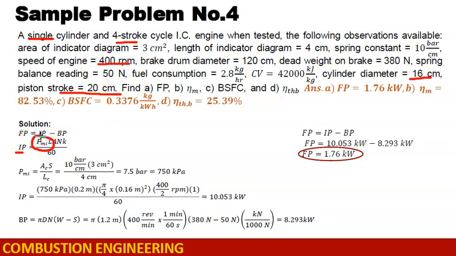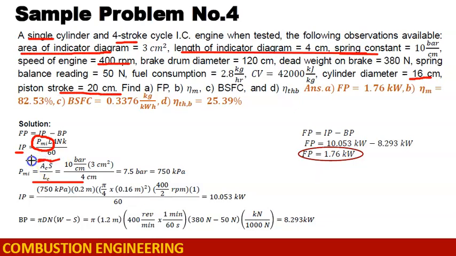For PMI, when the area of the indicator card, length of the indicator card, and the spring constant are given, we can still solve for the PMI. PMI is just the area times the spring constant divided by the length of the indicator diagram.